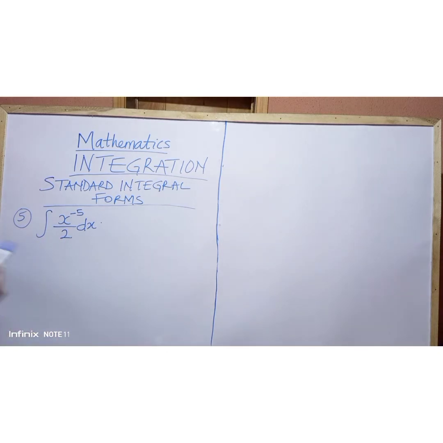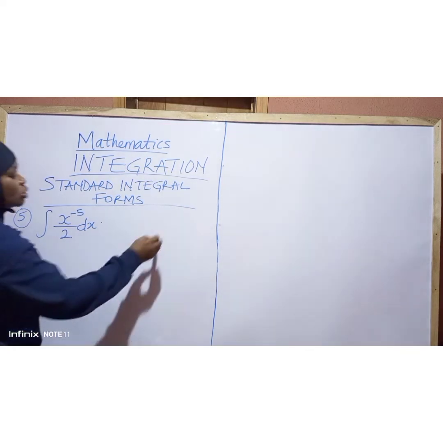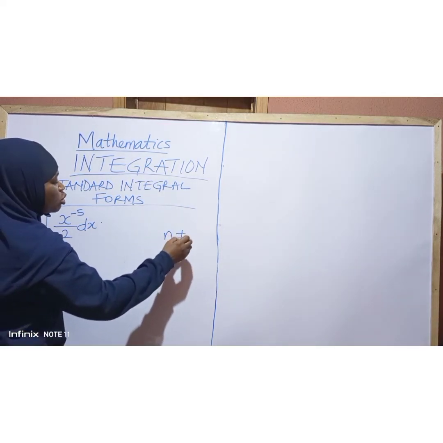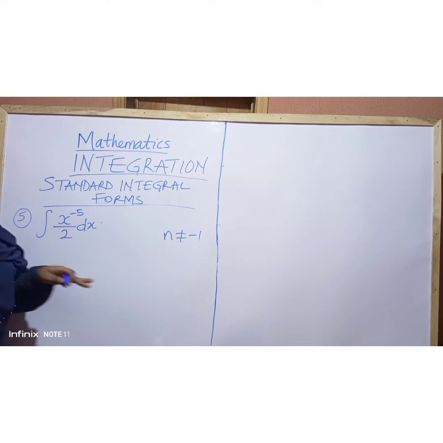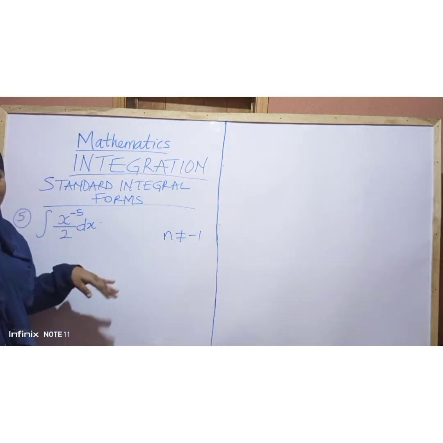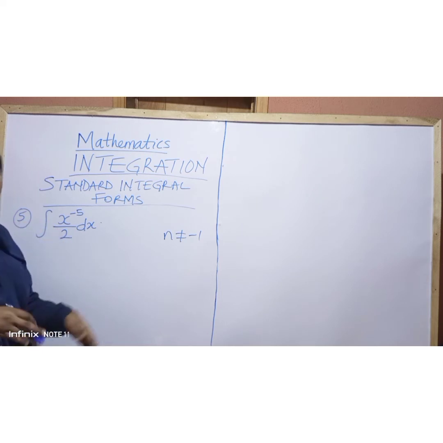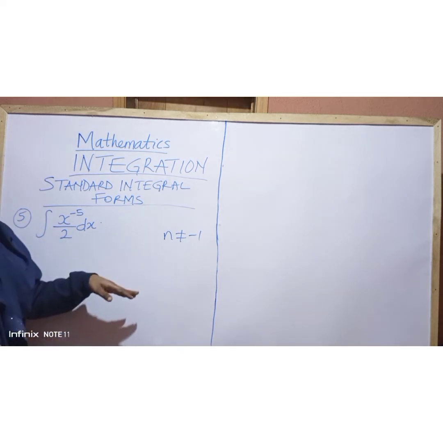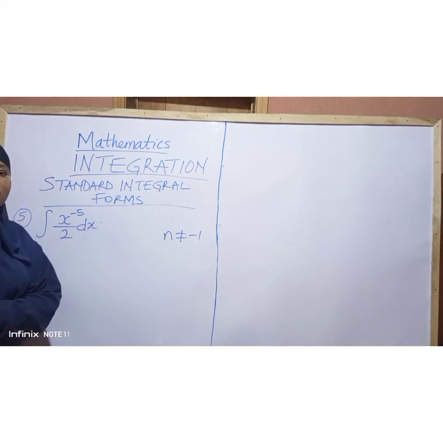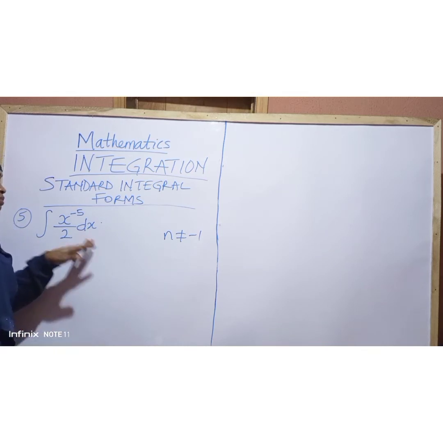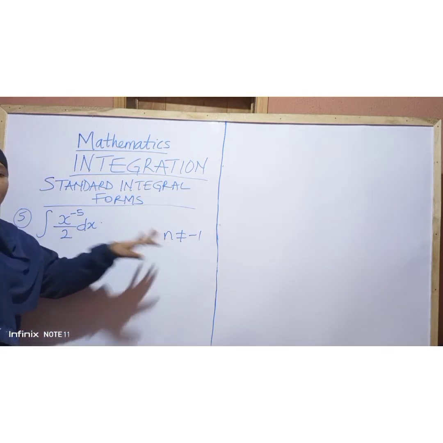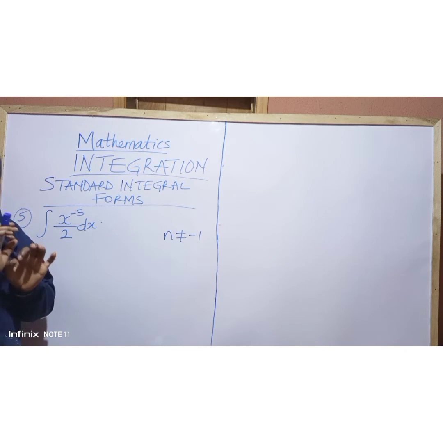So let's say I want to integrate x raised to the power of 5 divided by 2 dx. You know, when I was explaining, I told you that your n must not be equal to minus 1. Aside from minus 1, your n can be any other number, be it minus 5, minus 6, minus anything, and any positive number. So it means that our n must not be equal to minus 1 alone.